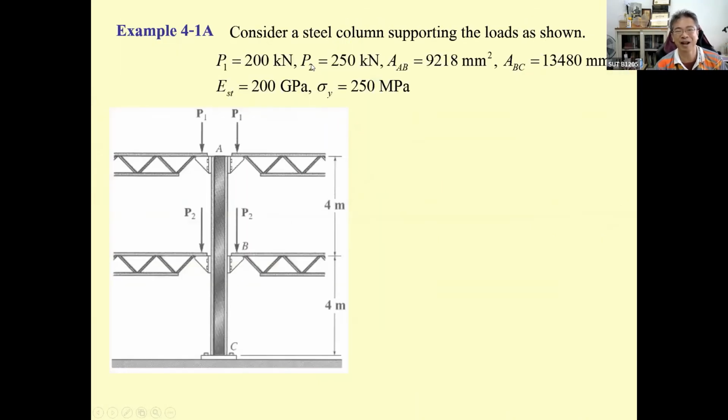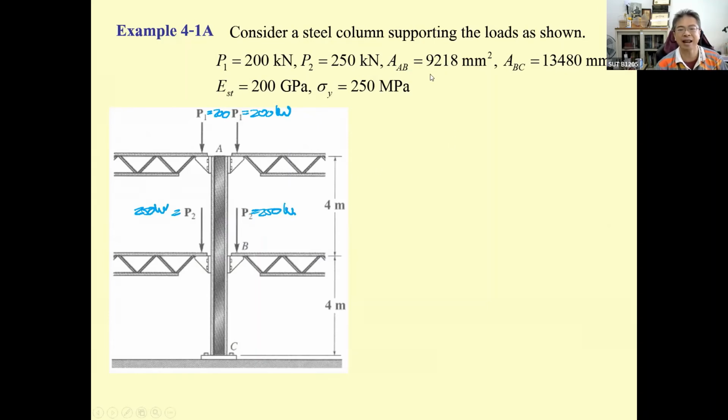Next one, we come to consider such as the structure of some convenience store built using steel. This P1 is going to be 200, and this one also 200. This P2 is 250 kilonewton, and this is going to be 250 kilonewton.